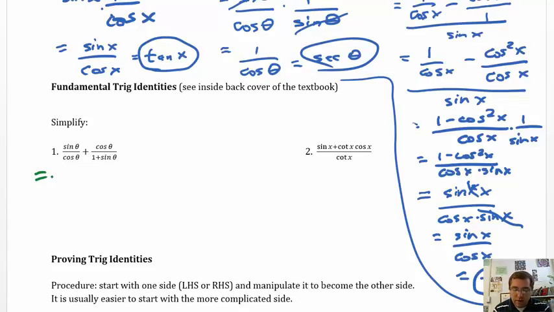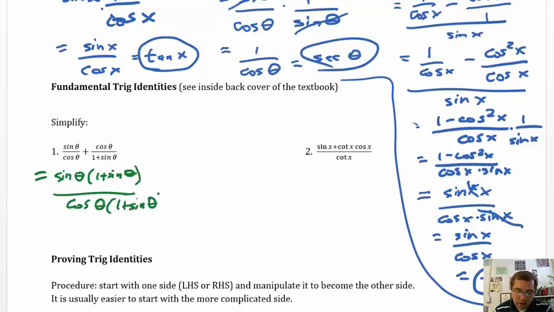So in order to get the common denominator on the first fraction, I have to multiply by 1 plus sine of theta over itself. In order to get that common denominator on the second fraction, I have to multiply by cosine of theta over itself. So you see how I got that common denominator?